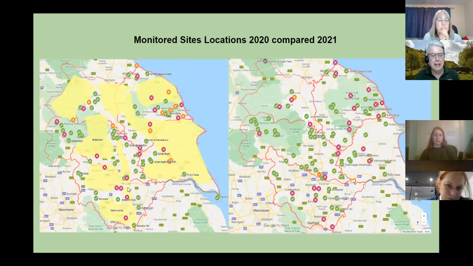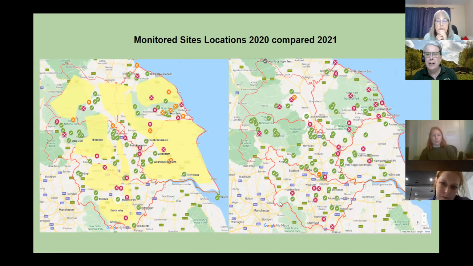But basically, in a nutshell, we found that the 3 key areas which were not really well represented in our transects was the Yorkshire Wolds, which are here, the Dearne Valley and the coal measures down here, but very importantly, this yellow line down here is the magnesium limestone ridge, which was poorly represented.